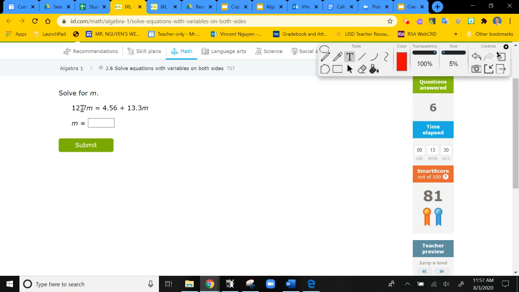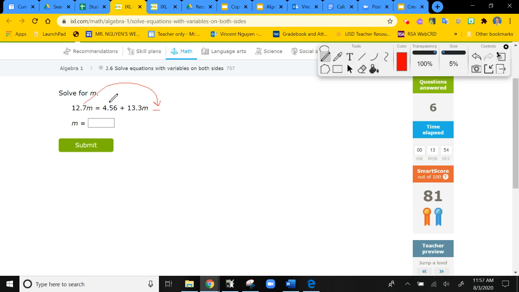So 12.7 is obviously less than 13.3, right? So we're going to remove the 12.7, and at the same time, I'm going to move this back. So here's what I'm doing. I'm moving this over here by subtracting, right? So I'm going to be subtracting, okay?